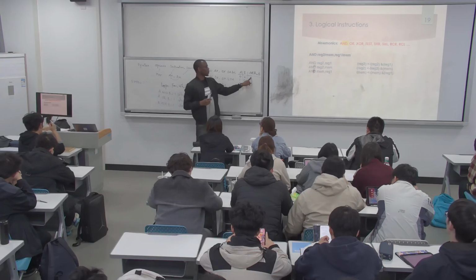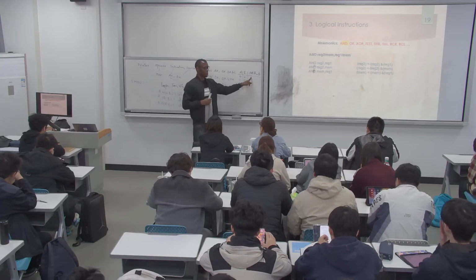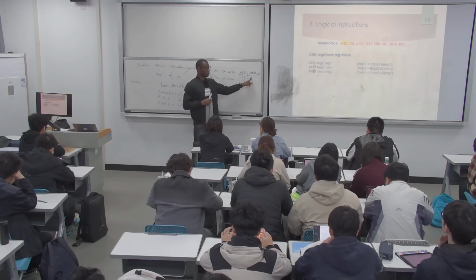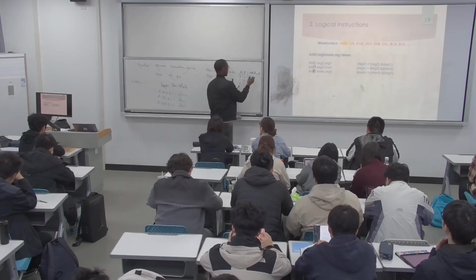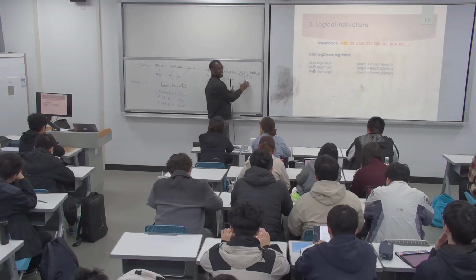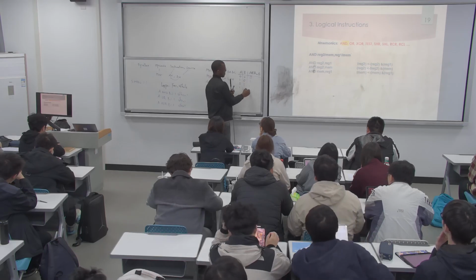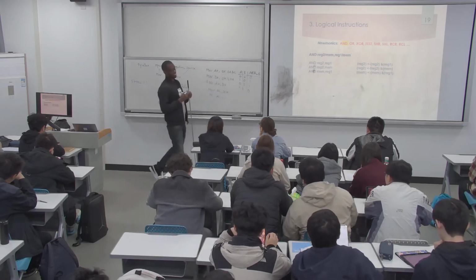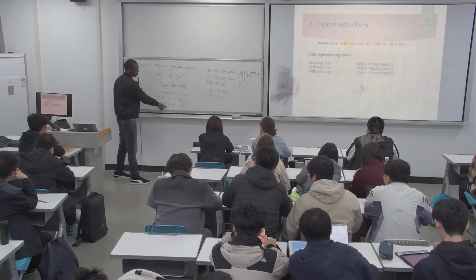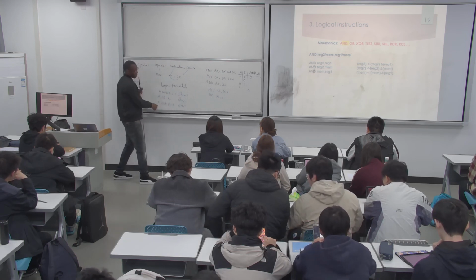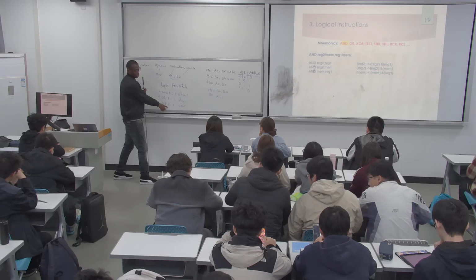This is 1 or 0. Exclusive OR. So exclusive OR equals 1 when A and B are different.